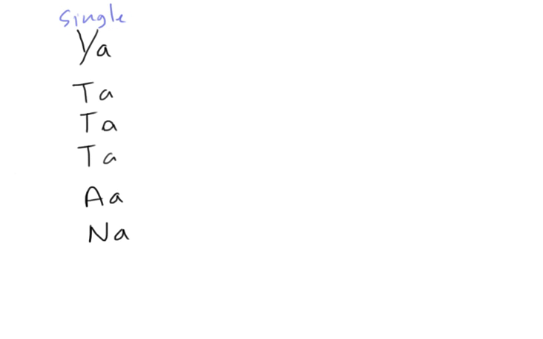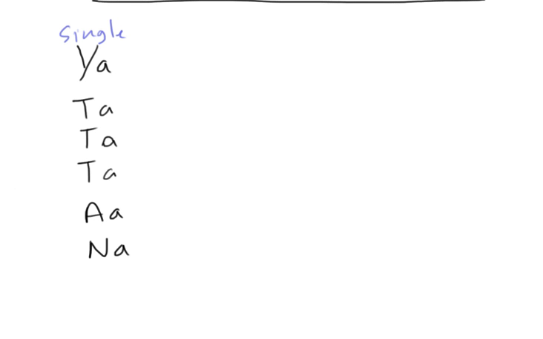And the plural, okay, is going to be like this. So let me choose the color for plural. So for yeah, the plural of yeah would be na, and for ta would be na, and there's nothing for this, nothing for this.